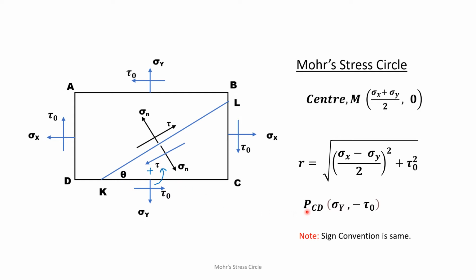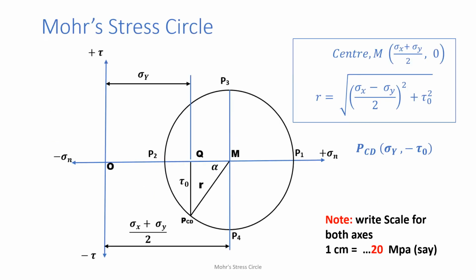So the stress for the horizontal plane CD, which will be the same for AB, or again any horizontal plane passing through an infinitesimally small point, will be sigma y, minus tau naught. We will take these forward and construct the Mohr's stress circle in the next slide.